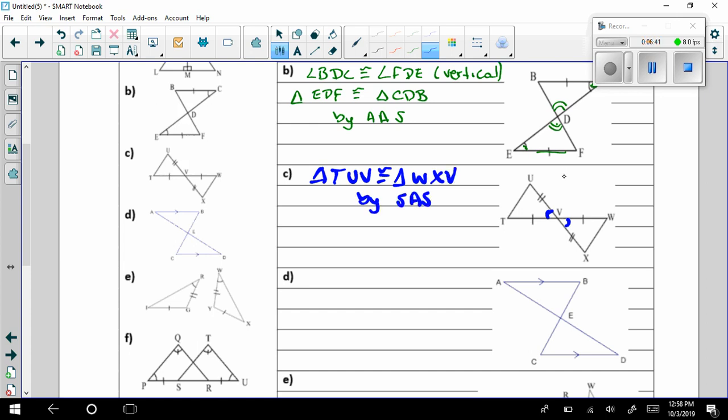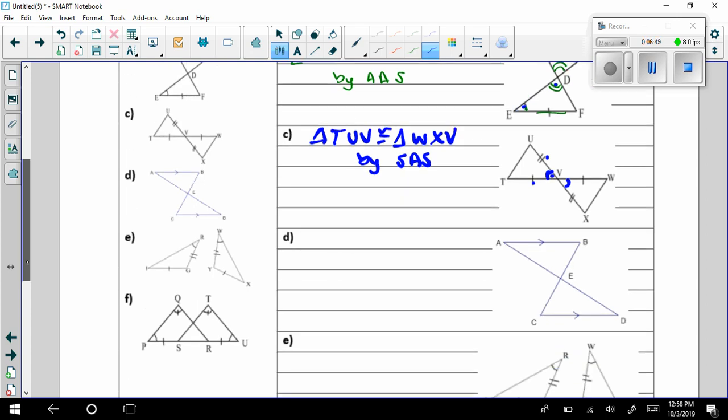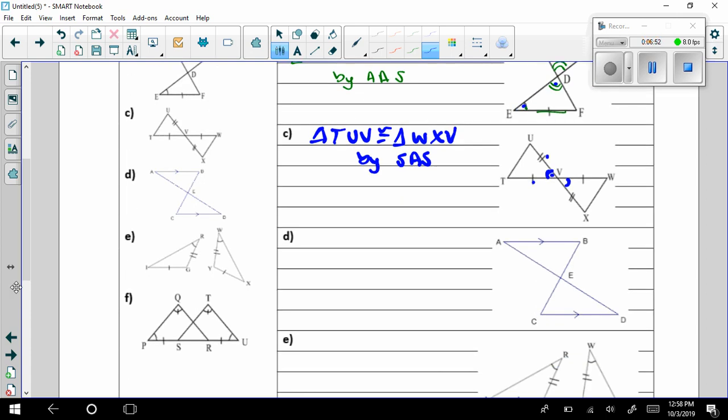So look at the difference here between these two markings. This one has an angle, then a side. This one has a side, an angle, and then a side. So always understanding that order matters.